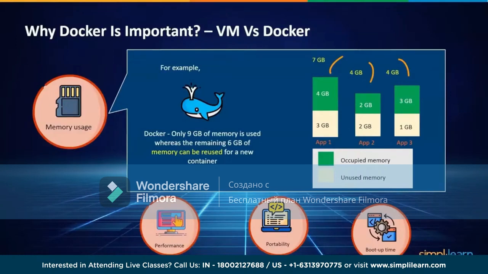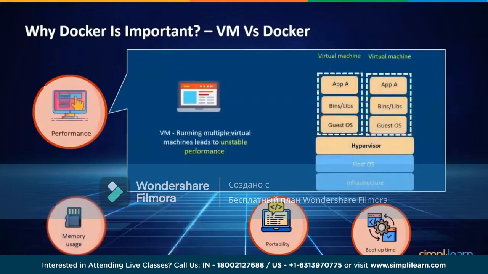This ensures optimal utilization of your resources, and there is no unnecessary wastage of the different resources or components. So that's the reason why Docker containers are quite efficient in terms of memory when we compare them with virtual machines. Next one is the performance.